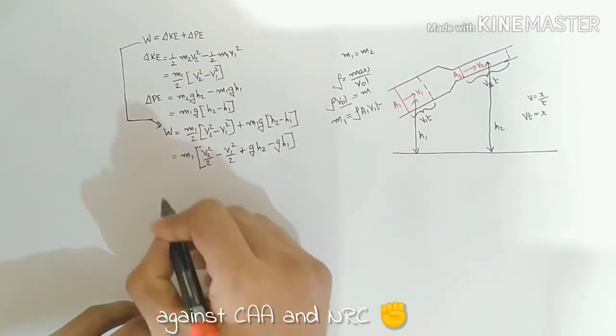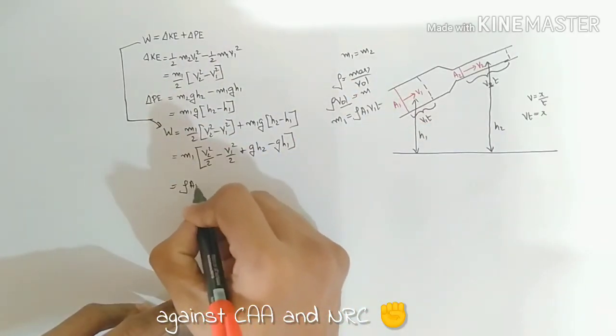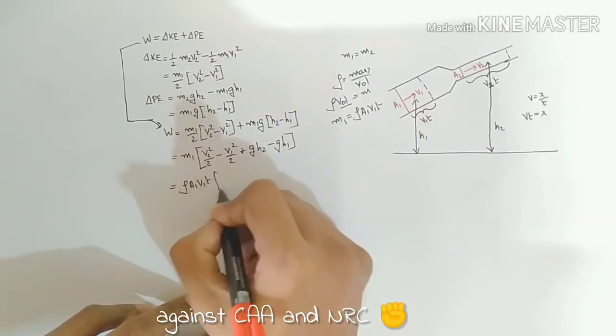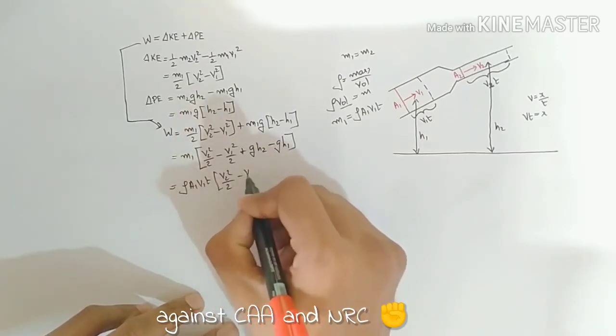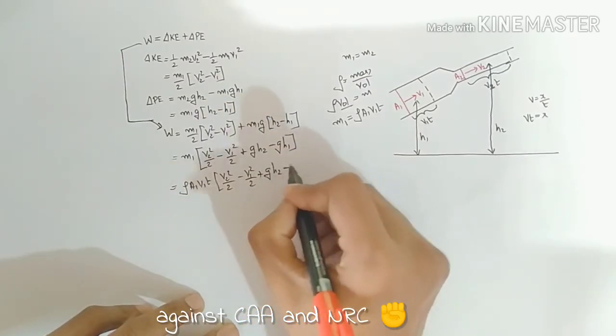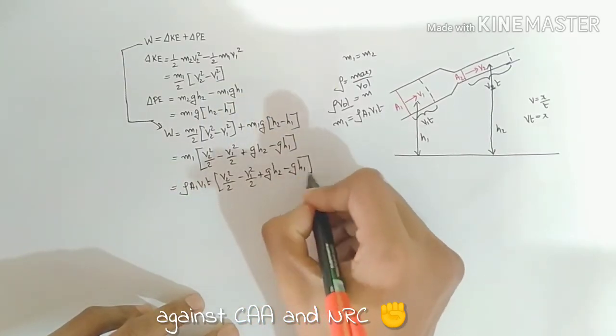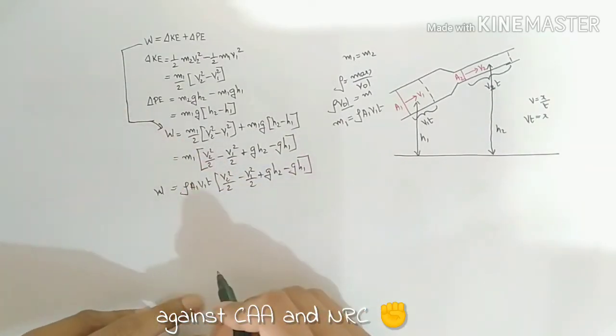Clear? Then replacing m1, rho A1 v1t into v2 square by 2 minus v1 square by 2 plus gh2 minus gh1. Clear? That is the work done.